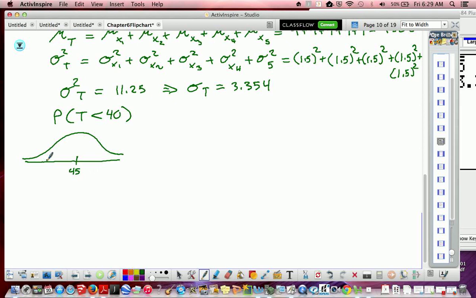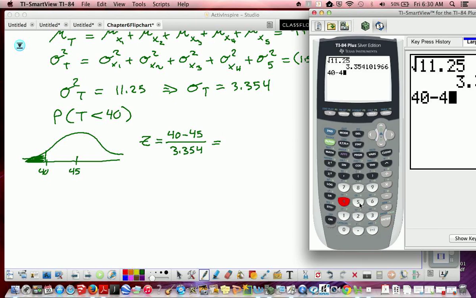I'm trying to look for 40 or less, where I have a standard deviation of 3.354. So that's telling me z-score. So z equals my score, which is 40, minus 45, divided by my standard deviation, 3.354.